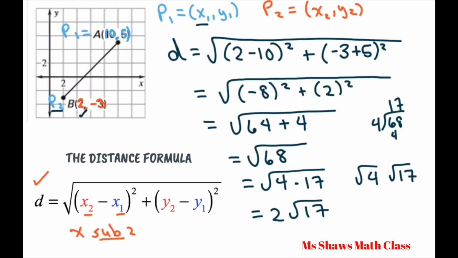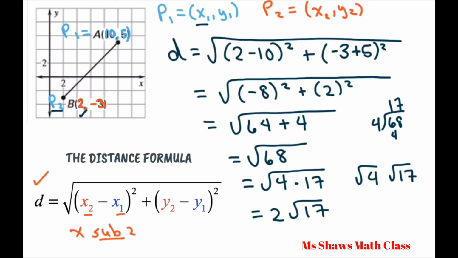Okay, then we just merely solve this. You take care of the inside first. That's negative 8 squared plus 2 squared. So you get the square root of 64 plus 4, which equals the square root of 68.